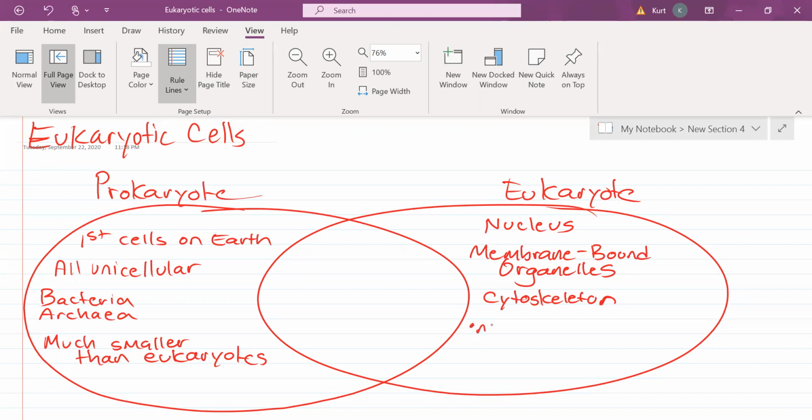They're much larger than prokaryotic cells. In fact, they evolved from prokaryotic cells.